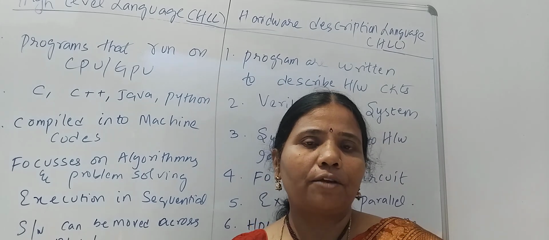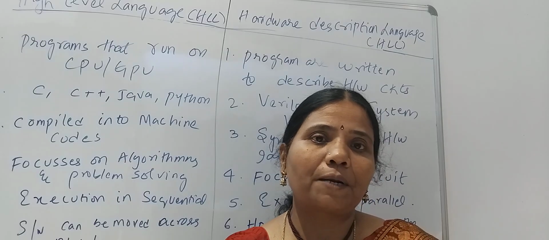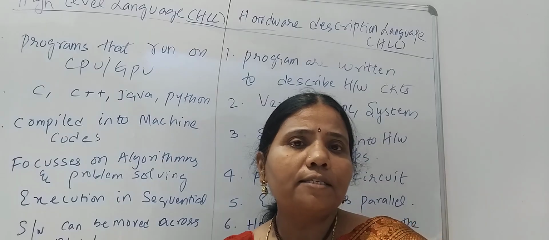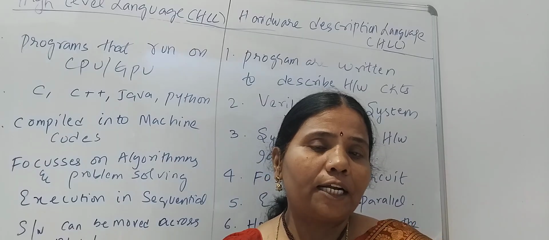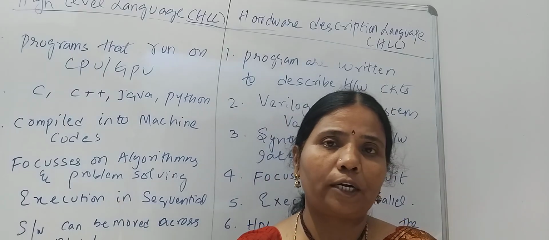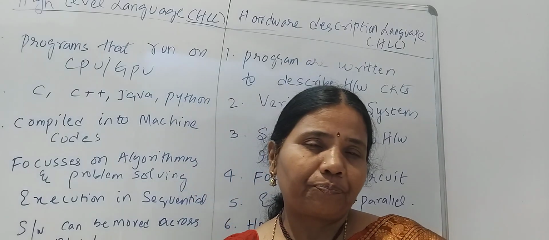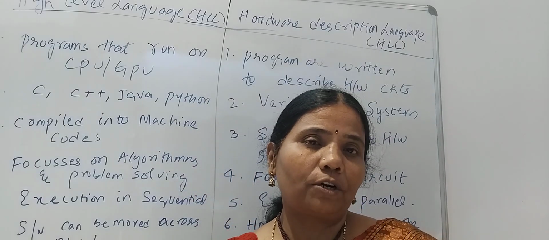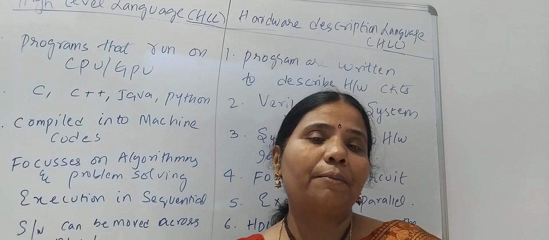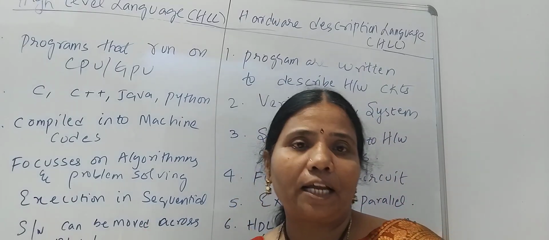Machines like your mobile phone, calculator, or smart TV, where a CPU is present, understand only ones and zeros, that is, high voltage and low voltage. Writing the program in ones and zeros is binary level language programming or machine level language programming.